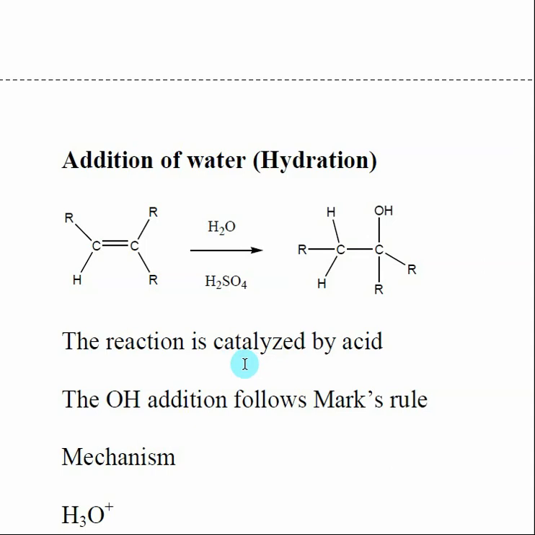So this reaction is acid catalyzed. By catalysis, it means we don't need a molar equivalent of H2SO4 or a strong acid. If I have 1 mole of my double bond, I don't need 1 mole of H2SO4. I just need a small amount, because when we say catalyst, it means it's not being used up by the reaction. For these reactions, typically you add like 2 or 3 drops, and the acid is going to be recycled.